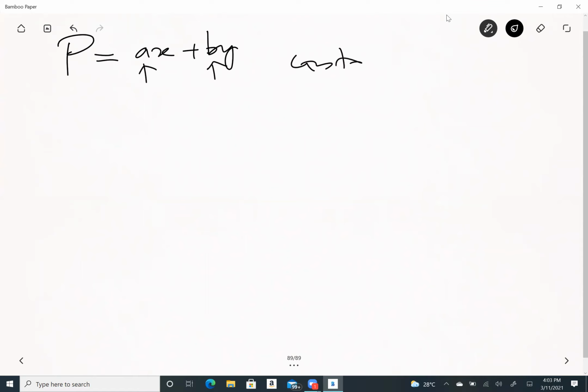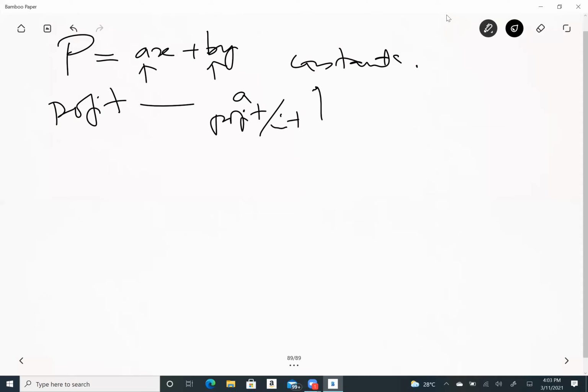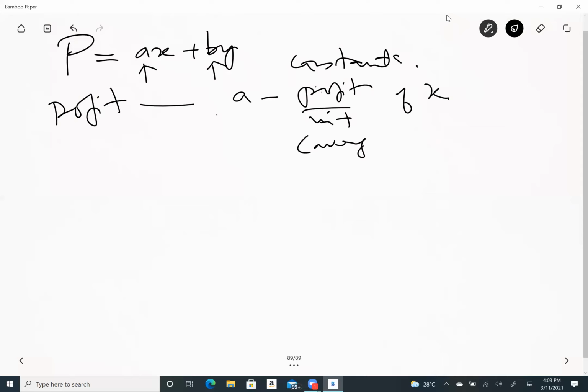If our profit function, that means A is the profit per unit, or average profit, of X. What is B?